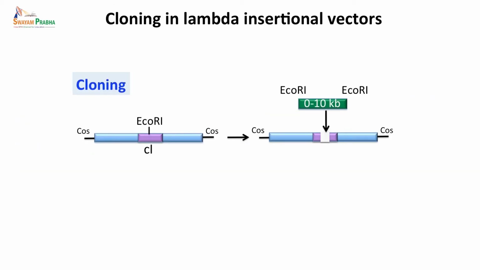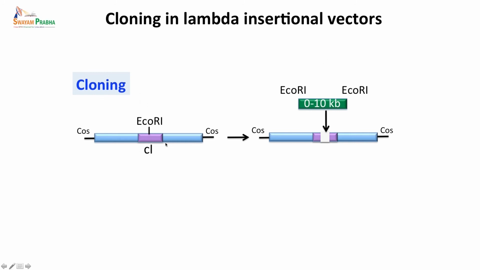So let me just remind you about the lambda vectors. You remember there were two types of vectors, lambda insertional vectors and lambda replacement vectors. While the lambda insertional vectors can take up to 10 kb fragments, the lambda replacement vectors can take up to 40 kb fragments.